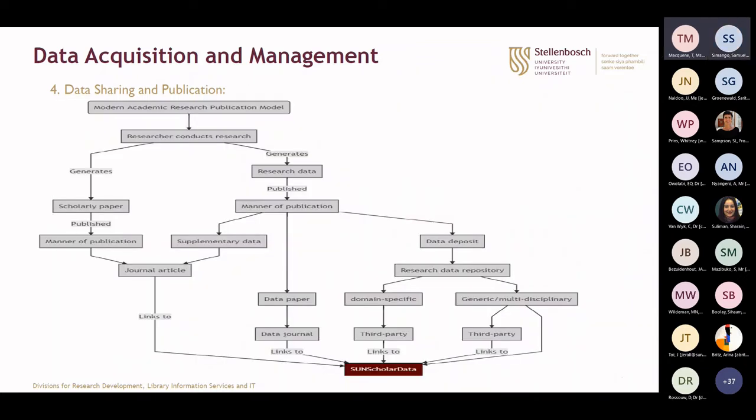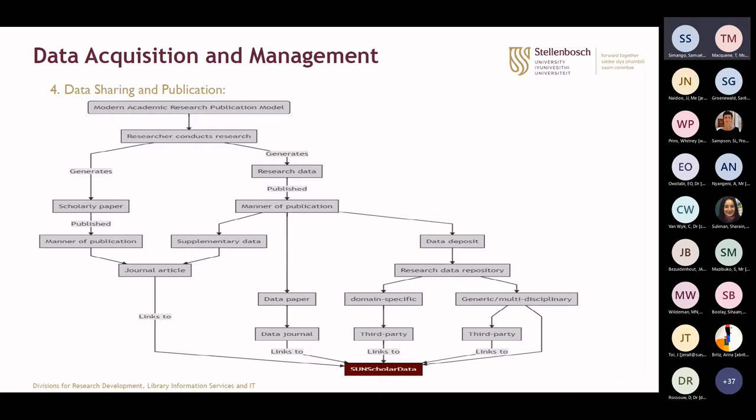So Rita already covered some of the aspects relating to data publication, but I just want to highlight a few other things. Rita did mention that researchers can publish their data via third-party repositories, via data journals, and as supplementary data that accompanies journal articles.